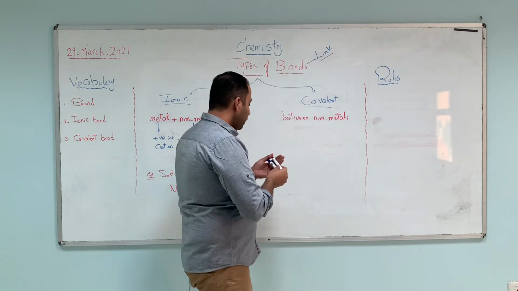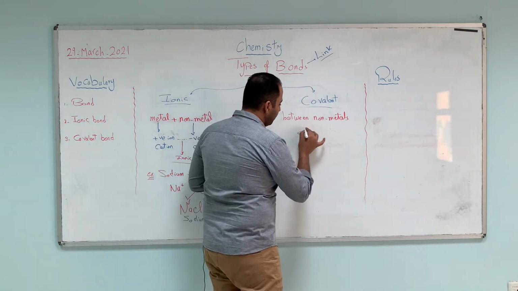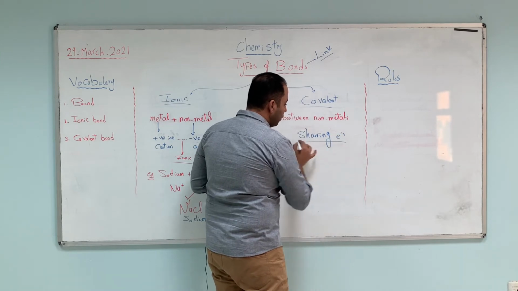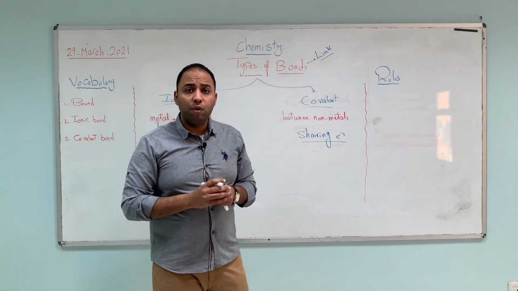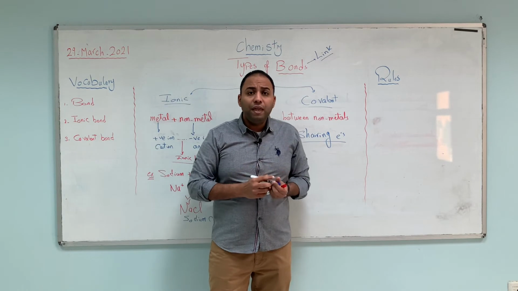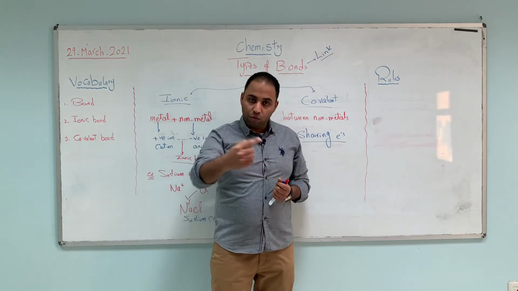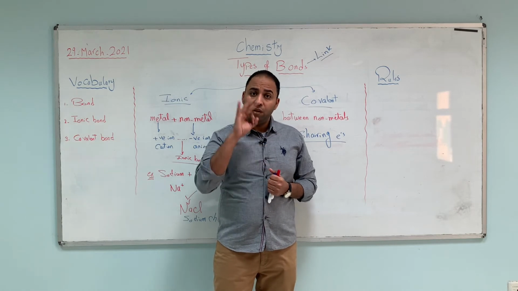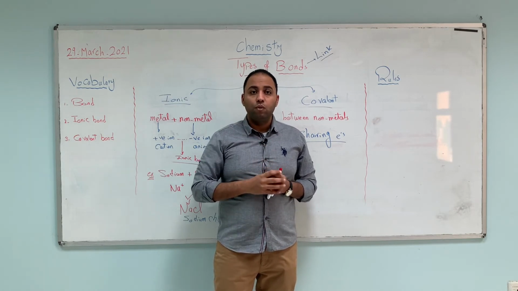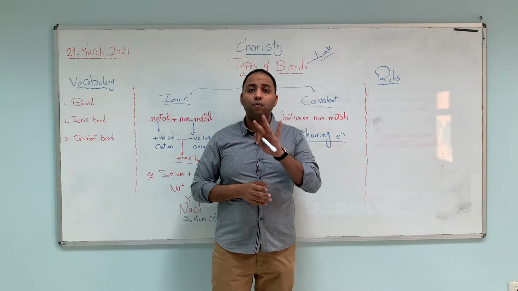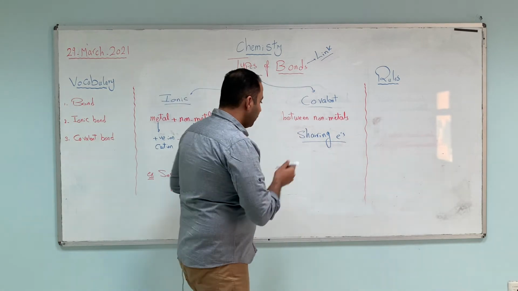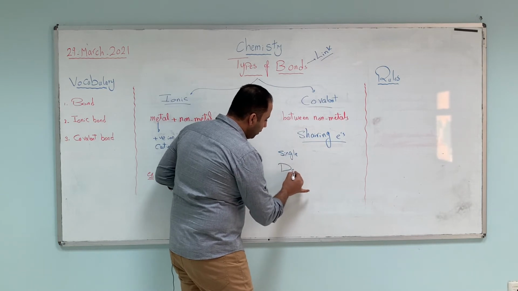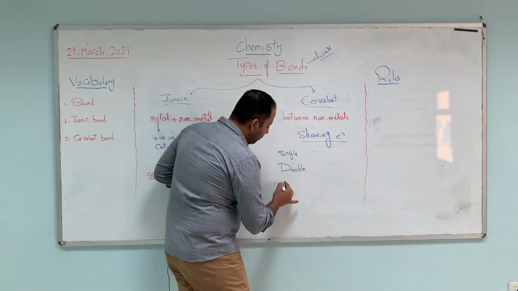So here I will write sharing of electrons. When they share electrons, the numbers should be equal. I will share one, so you will share one with me. I will share two, you will share two. I will share three, you will share three. So now we have three types of covalent bond: single, double, and triple.